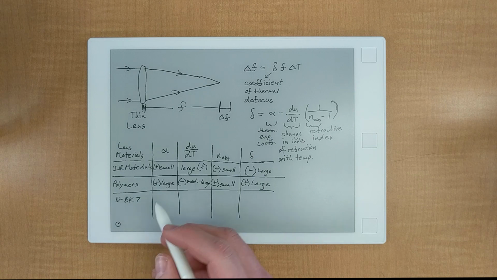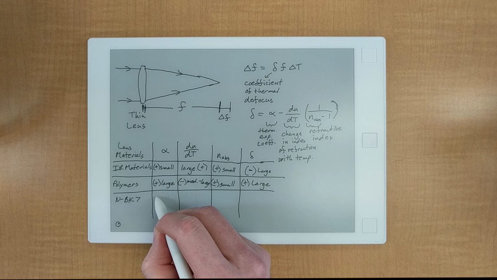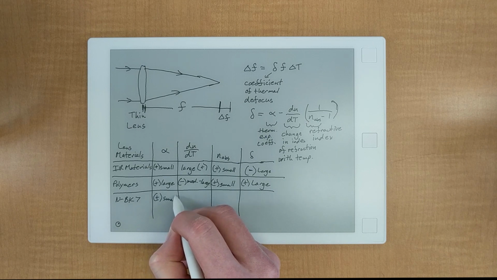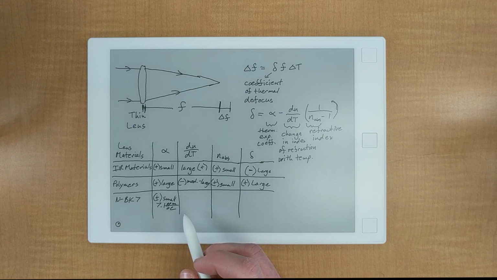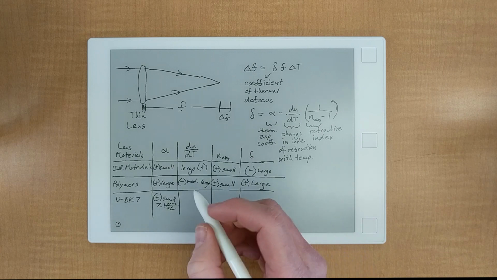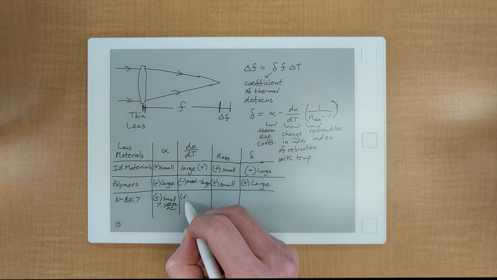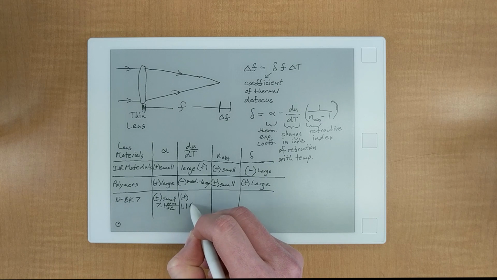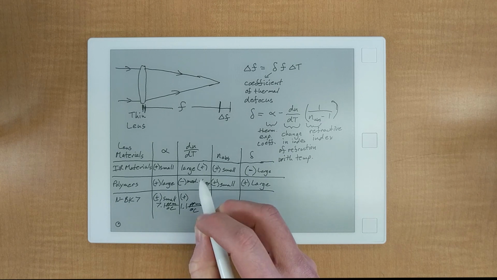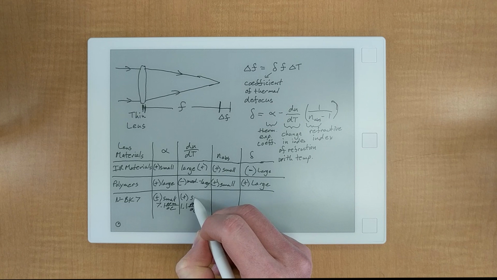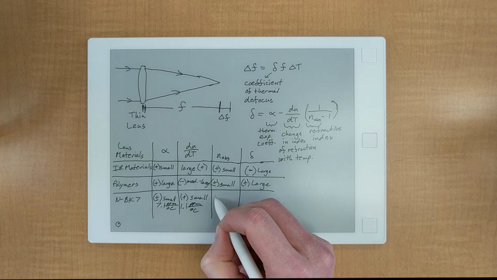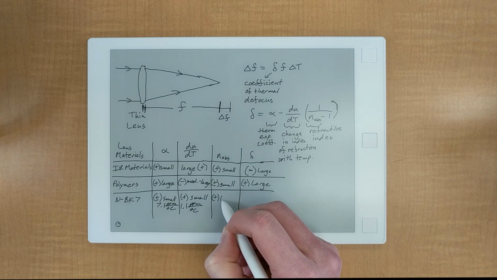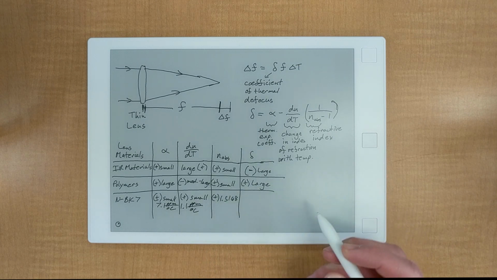Its thermal expansion coefficient is positive and quite small, at 7.1 ppm per degree C. Its dN dt is very small and positive at 1.1 ppm per degree C. And its index of refraction is positive, and it is 1.5168.